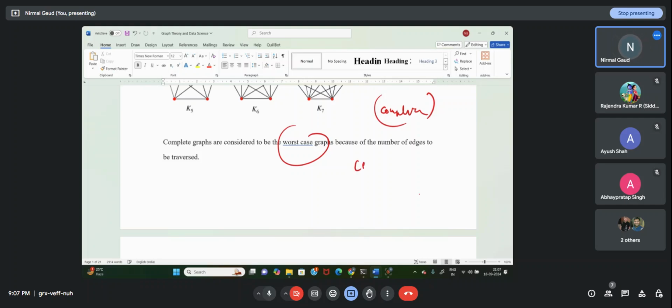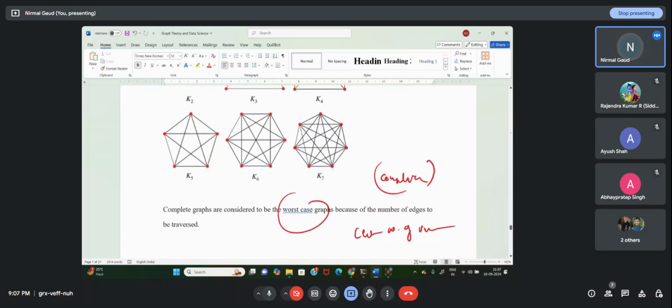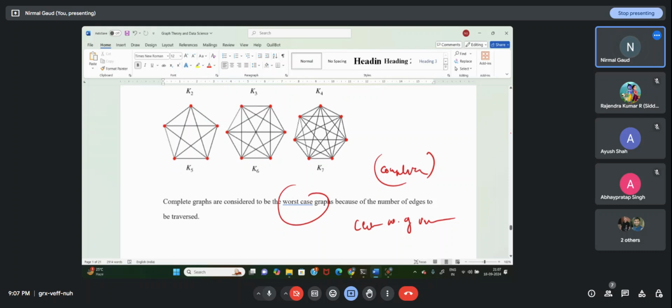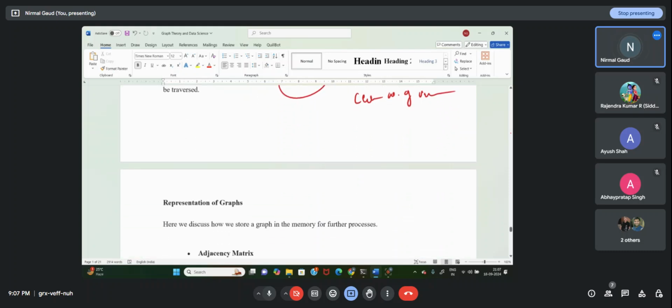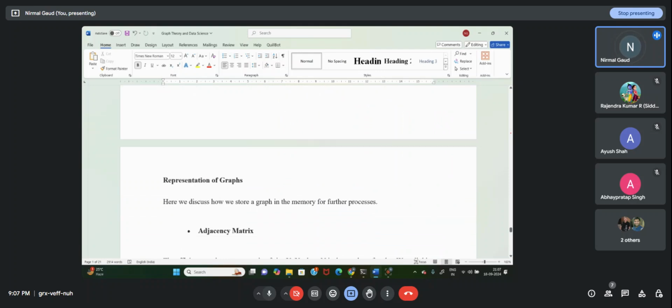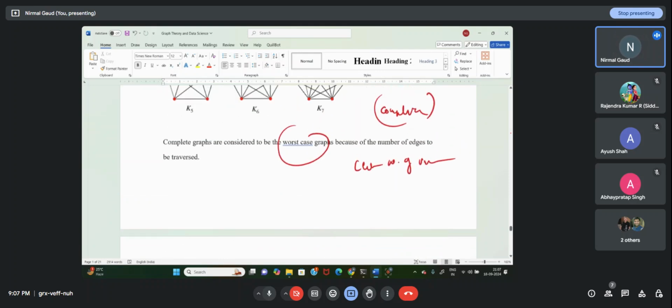Up to a certain number of vertices we can take, but if the number of vertices is increased, and you are going to connect every to every, there will be so many connections. So it's a worst case graph.